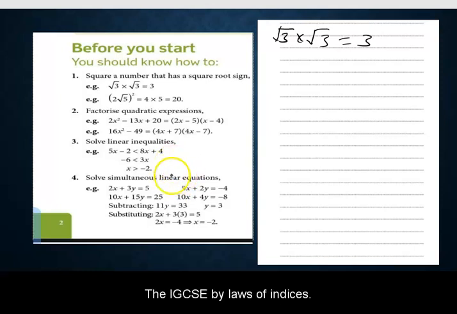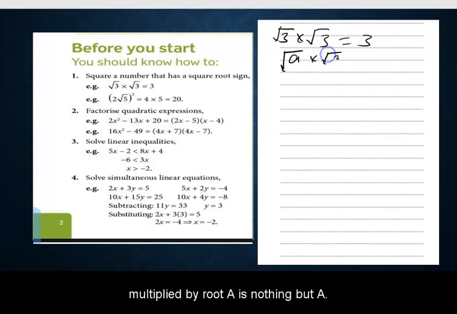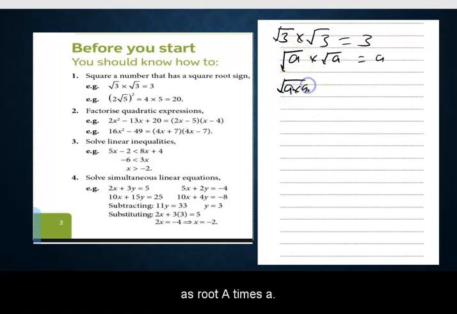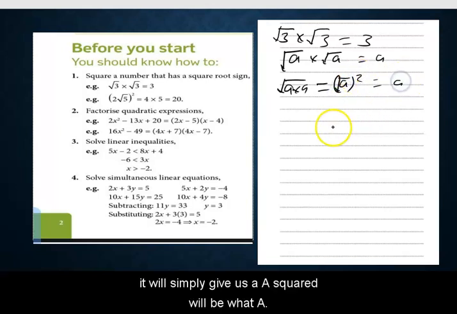By the laws of indices, we know that root a multiplied by root a is nothing but a. Why is that? It is because we know root a times root a can be written as root of a times a. And this is equal to root of a squared. And when we take the square root of that, it will simply give us a. A squared will be what?